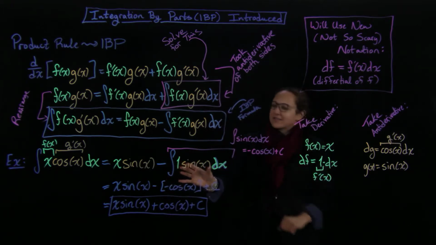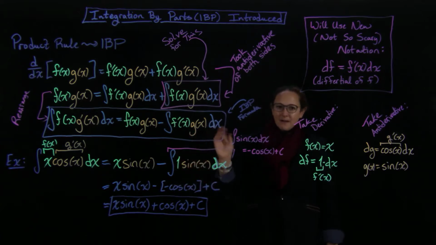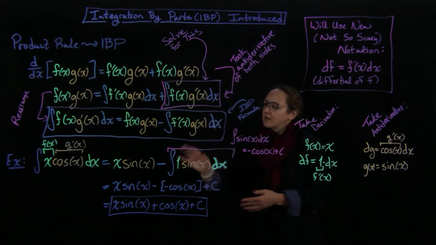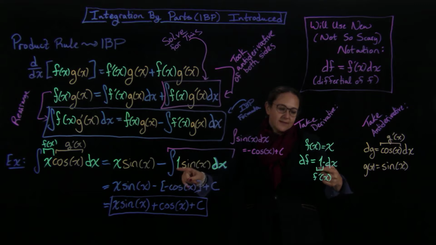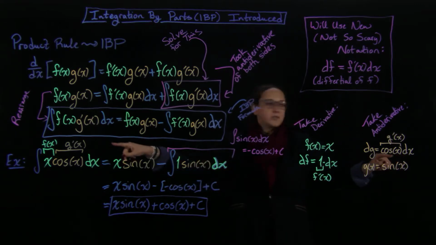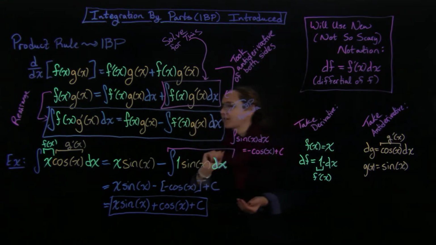I could just say here that this is f prime of x times g of x. I'm doing it this way to make the notation for the next one a little bit better. But the whole idea is that I do take the derivative of this. And for my dg, or my g prime of x, I take the antiderivative. And then I can just put those into the formula.